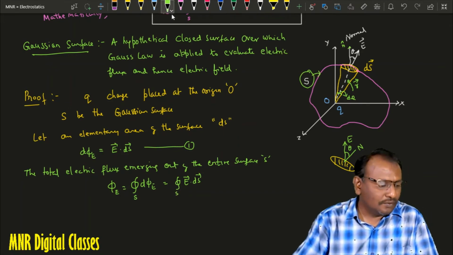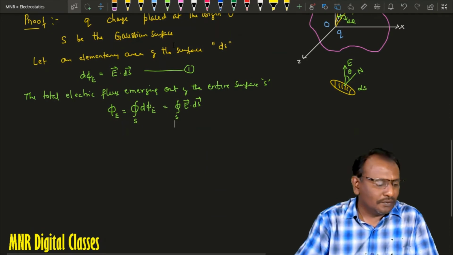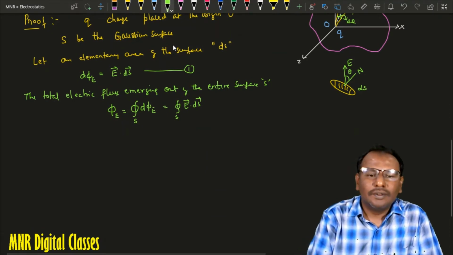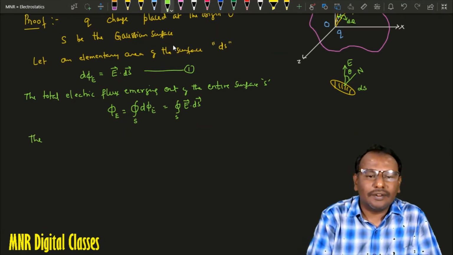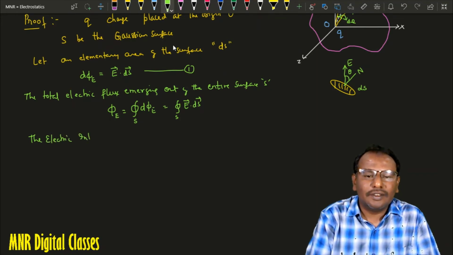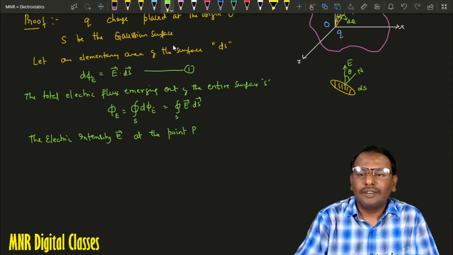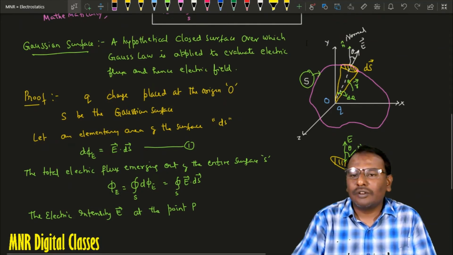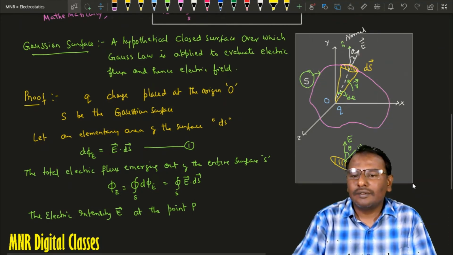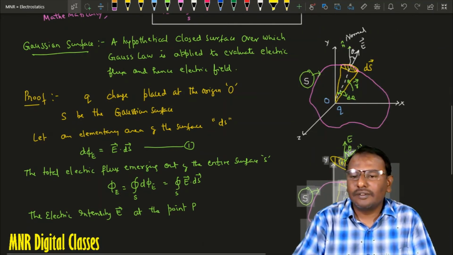Now we know that the electric intensity E bar at the point P. Here, go back to the figure. Let me shift this.